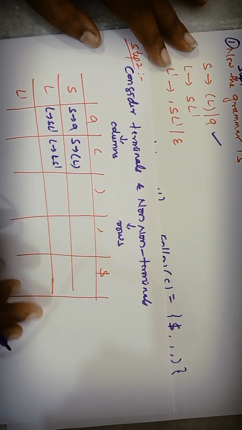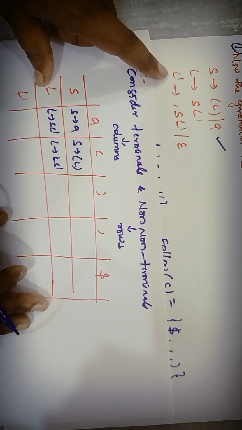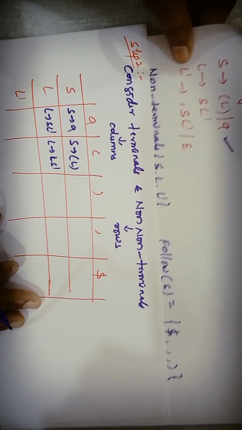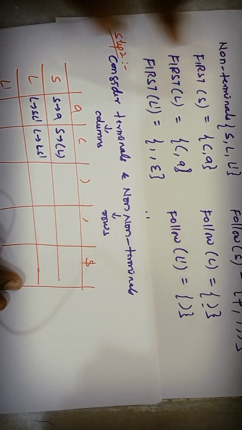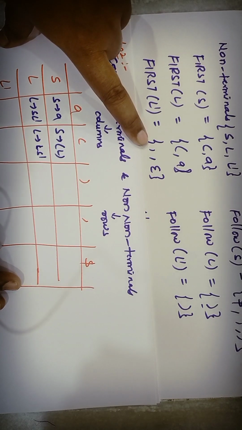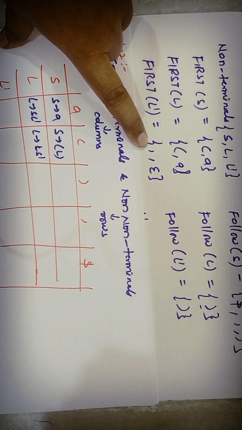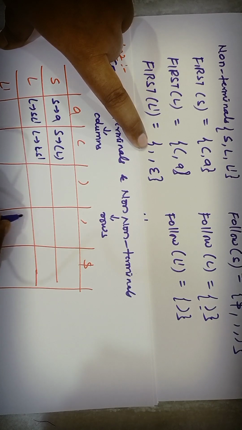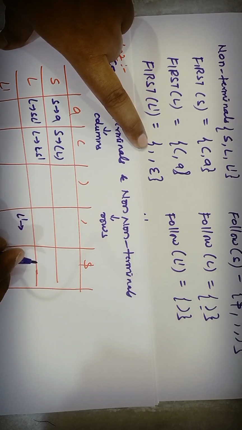Next go for the third symbol, L dash. For L dash we have to see the first of L dash. What do we have? Comma is there. So in the comma column write L dash tends to comma S L dash.